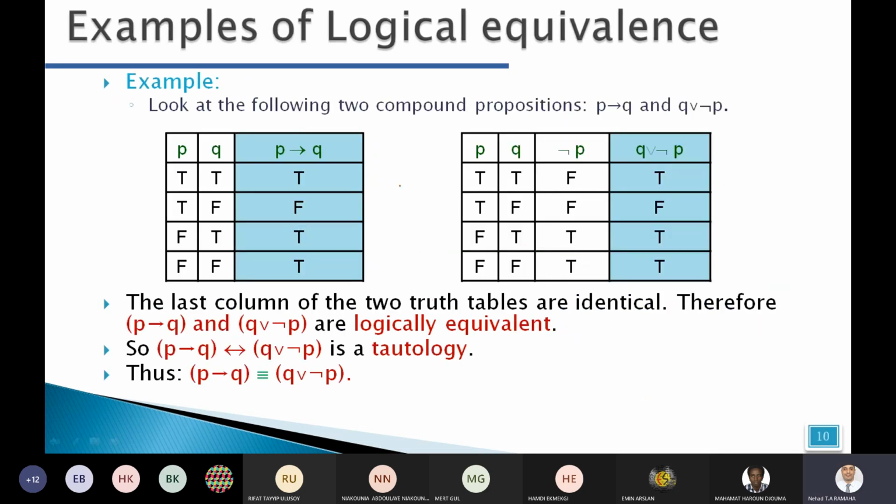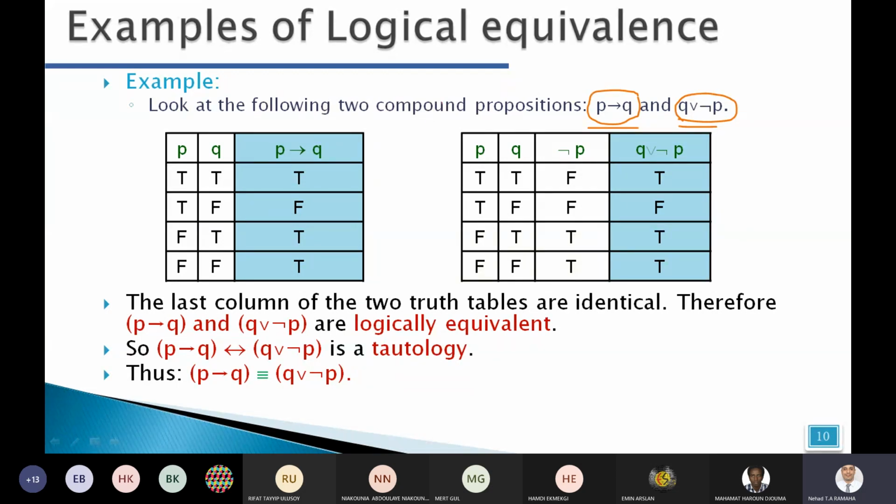Okay, we take an example here: P implies Q and Q implies not P, and we said these two compound propositions are logically equivalent.